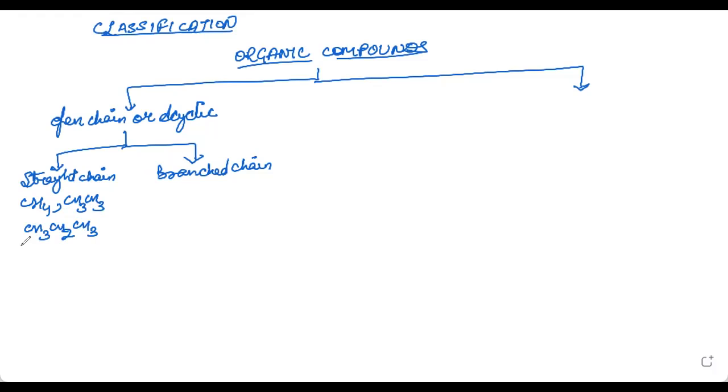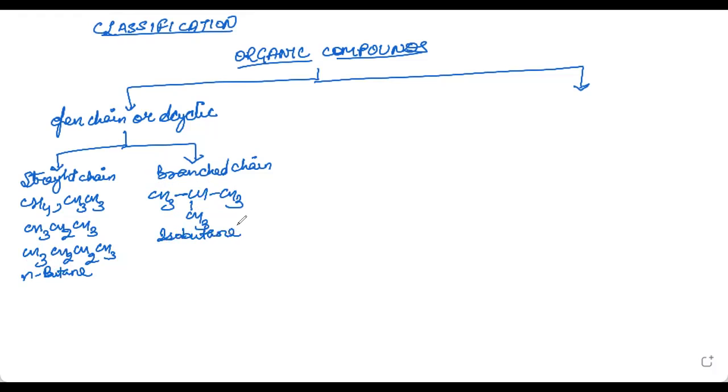Now if we see the straight chain organic compound which is having 4 carbon atoms, it is butane. Now it can be branched also. How to write it? With branching. Same molecular formula, but a different compound. This is n-butane and this is isobutane.